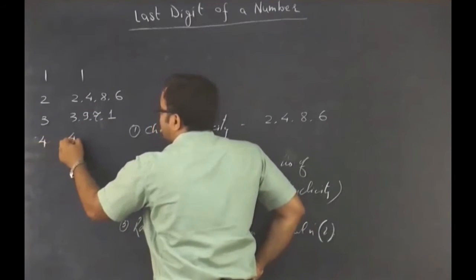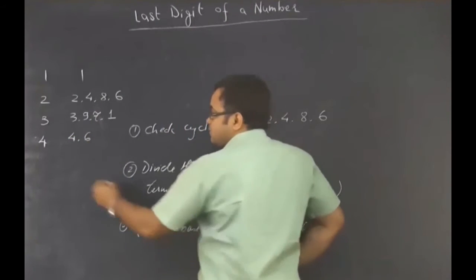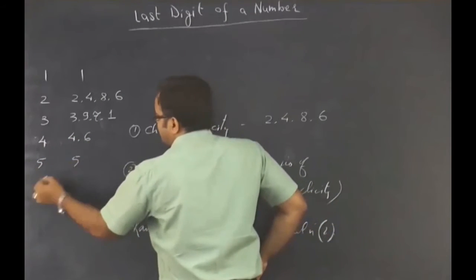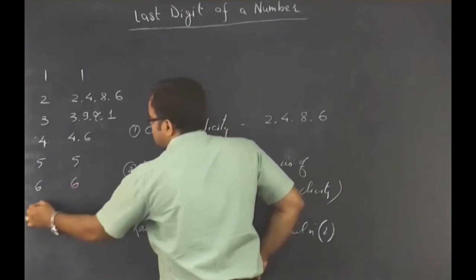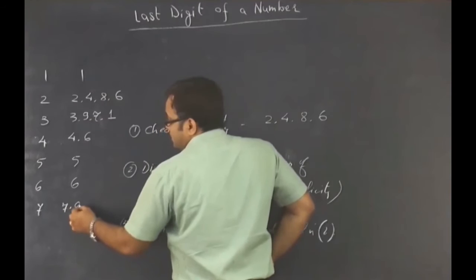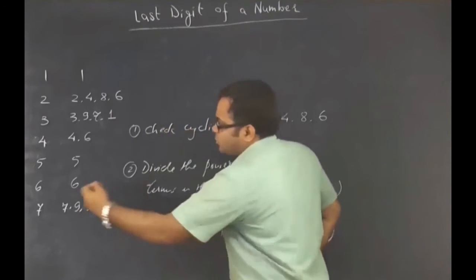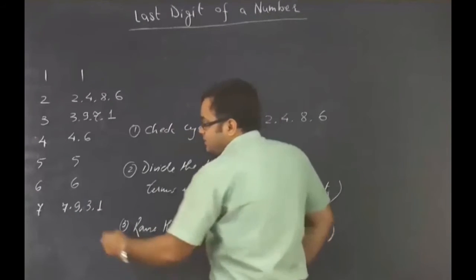For 4: 4, 4 fours are 16, 16 fours are 64, so that's 4, 6. 5 will always remain 5, 6 will always remain 6. 7 would be 7, 7 sevens are 49, 9 sevens are 63, 3 sevens are 21. Once I get a 1, the same cycle will start repeating.